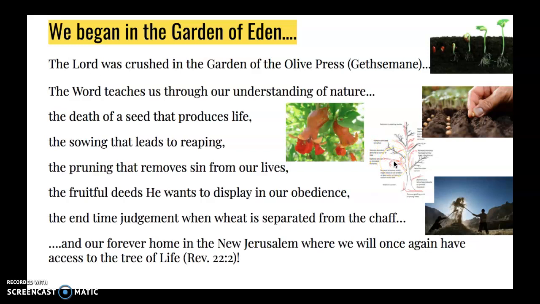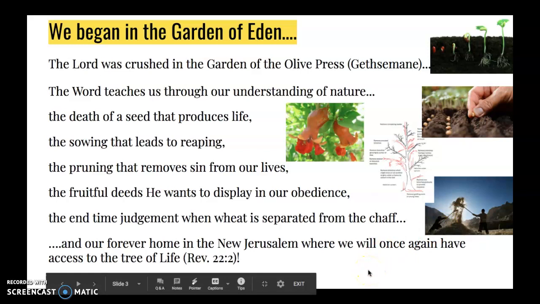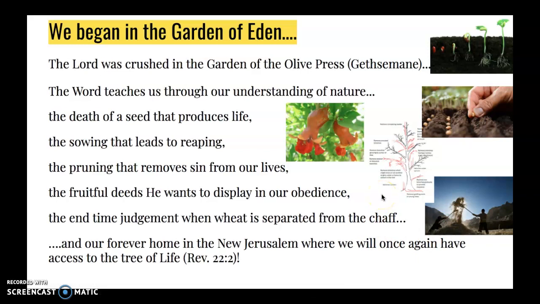The fruitful deeds, he talks about how he wants to display the fruitfulness and the fruit of our spirit and our obedience. He talks about end time judgment as separating the wheat from the chaff, and our forever home in the New Jerusalem, where we'll once again have access to the tree of life. So all of these beautiful pictures are seen as we look at garden and plant life.